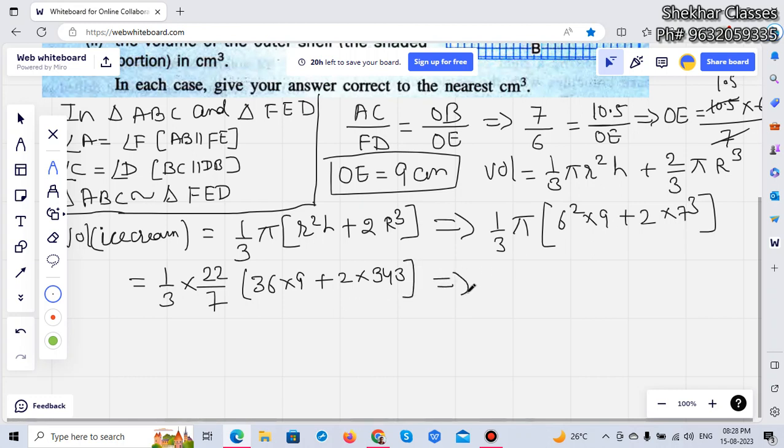Further solving, it becomes 1 upon 3 into 22 upon 7 into 36 into 9, which is 324, and then 343 into 2, which is 686.